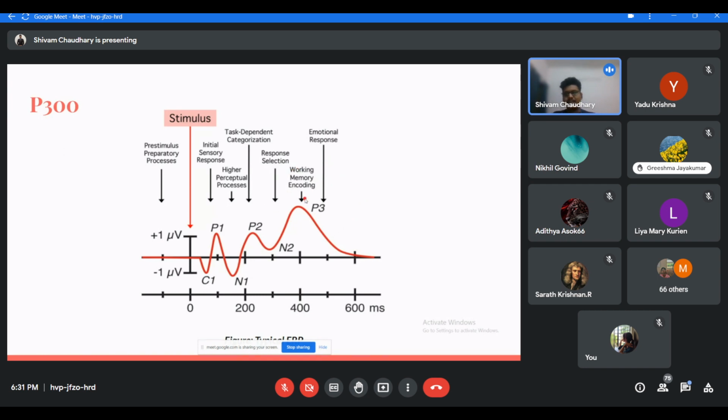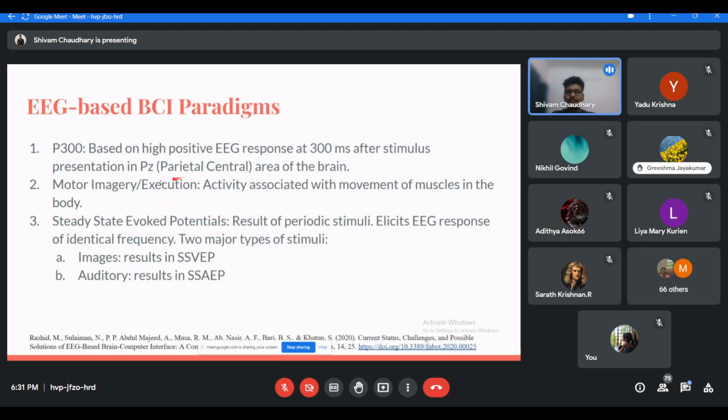It was originally found at 300 milliseconds, but it ranges from 350 to 600 as well. So you will see a huge spike in the P300 wave. That response is mostly present at Pz, which is the parietal central area around this part of your brain.